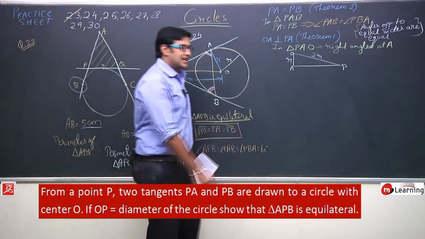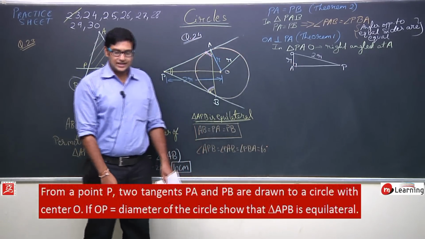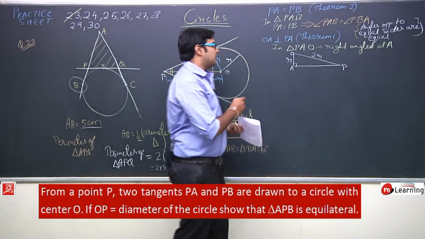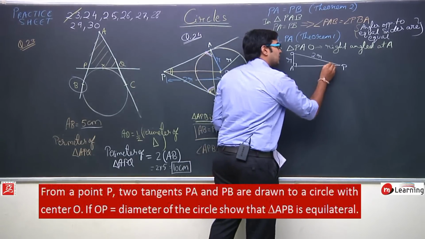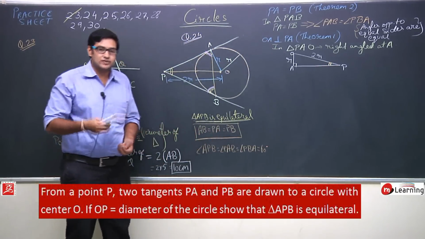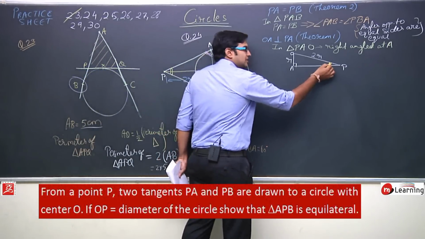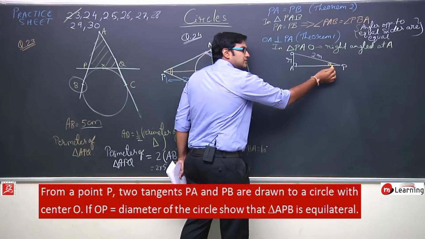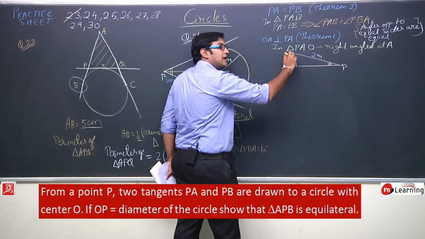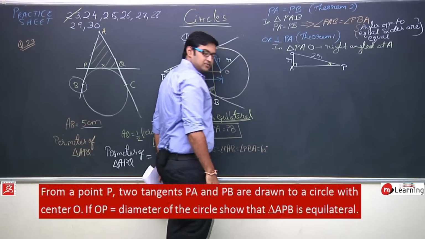Now, since it's a right angled triangle, I can apply concepts of trigonometry here. I can apply the ratios of trigonometry here very easily. So, if I try to deduce this angle, can I deduce the value of this angle, the measure of this angle? Yes. Why? Because with respect to this angle, you can see that this is the perpendicular for this angle and this is the hypotenuse.